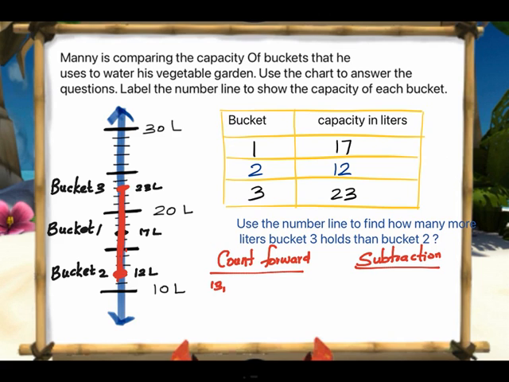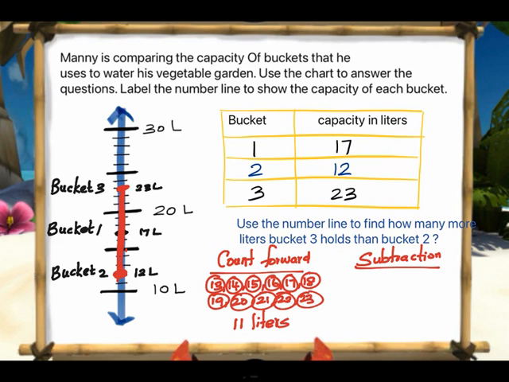So 13, 14, 15, 16, 17, 18, 19, 20, 21, 22, 23. If you count, 1, 2, 3 liters, 4, 5, 6, 7, 8, 9, 10, 11 liters more. Bucket 3 is 11 liters more than bucket 2.